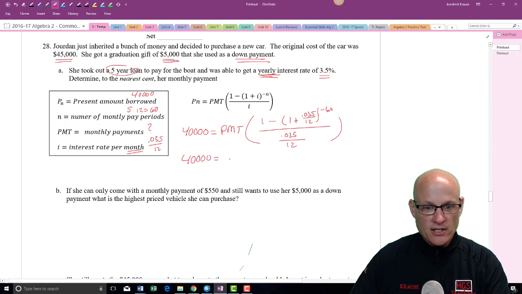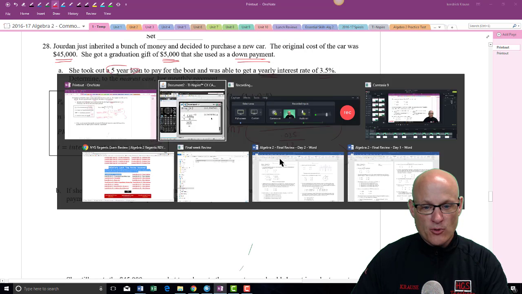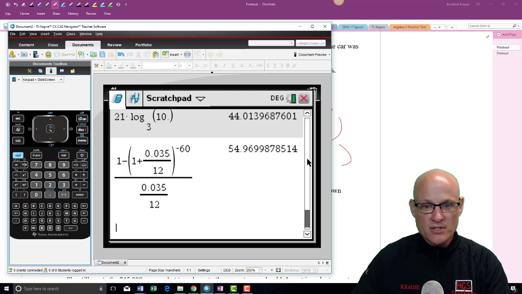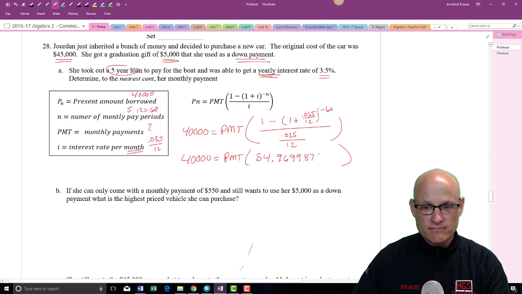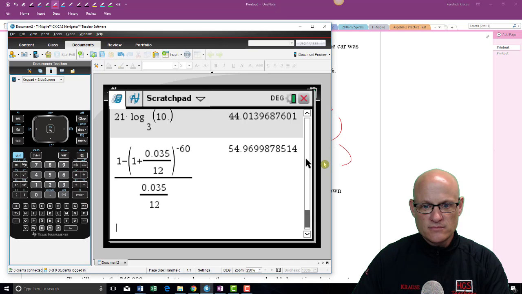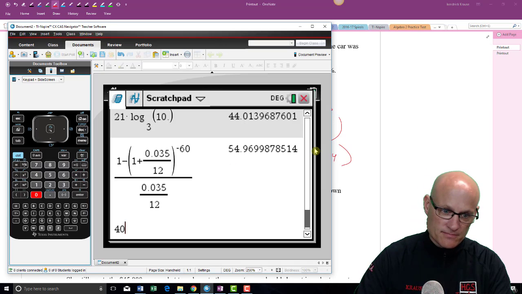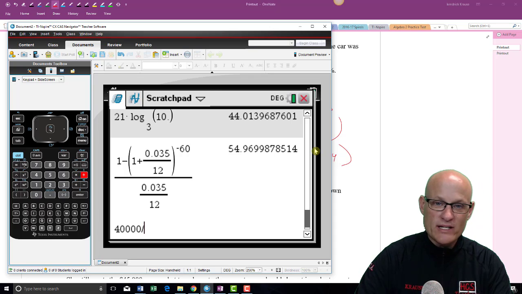40,000 is equal to our payment. Write it all. Don't be lazy. 54.96999699514. So then I'm going to take 40,000 and divide it by that, and don't retype it in.